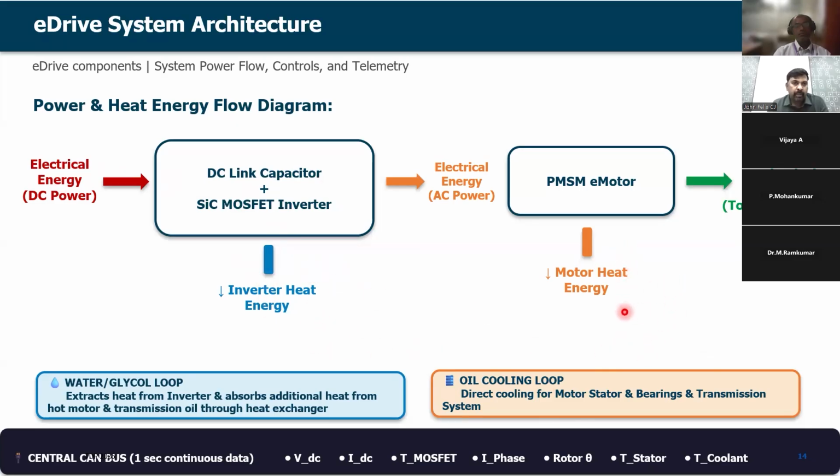All this thermal loss modeling, as well as the power modeling and the individual component modeling, is done, and that is a primary building block of our digital twin. So we want to use this flow of thermodynamics inside our eDrive system to be captured using our digital twin concept.